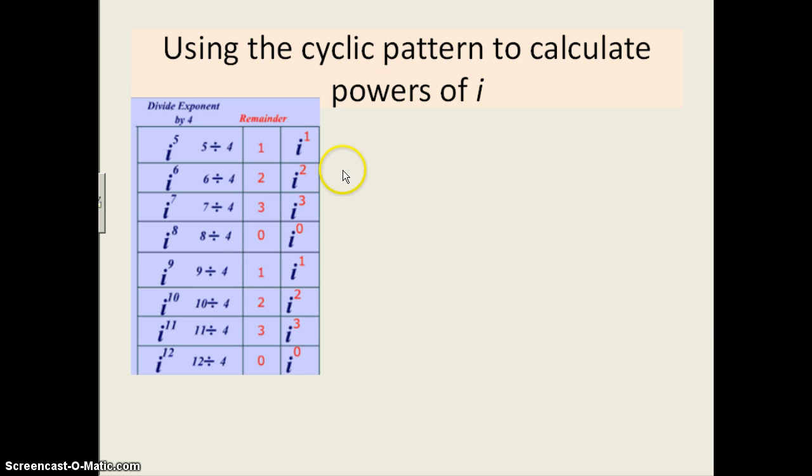Okay, let's do one that's a little bit larger, in terms of powers anyway. Let's do i to the 253rd power. All right, we can break it down in terms of i squared. So you figure out how many times 2 goes into 253.